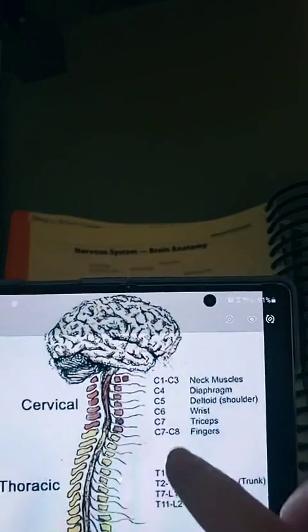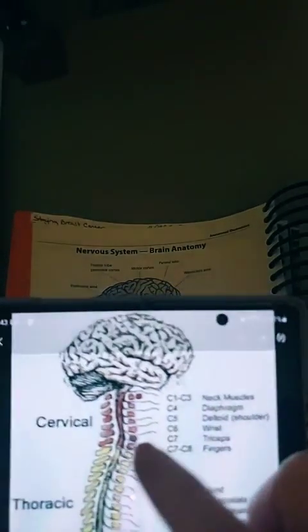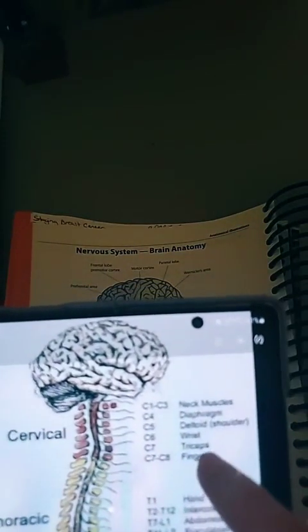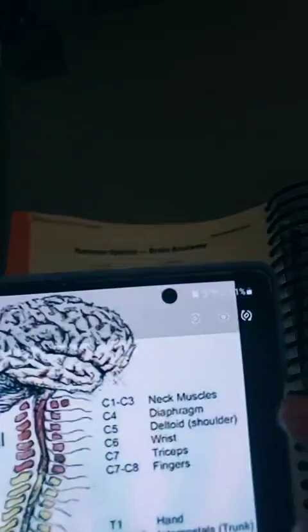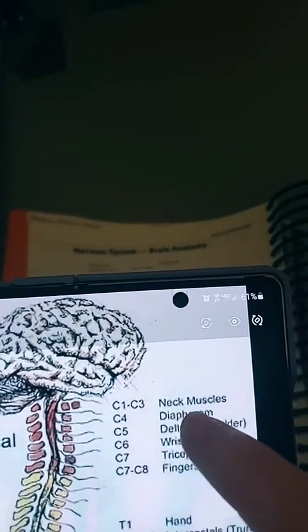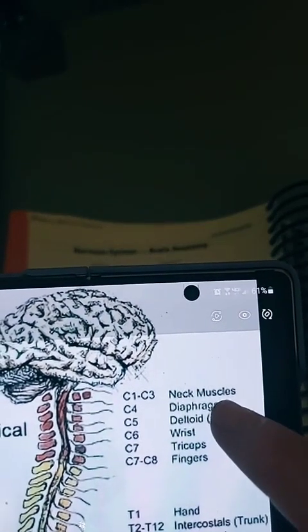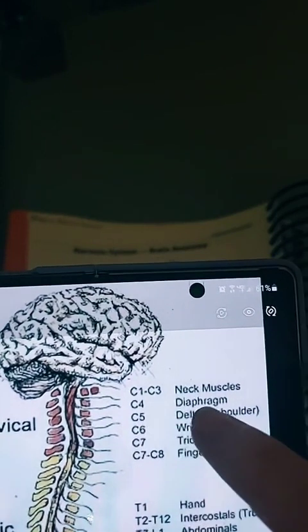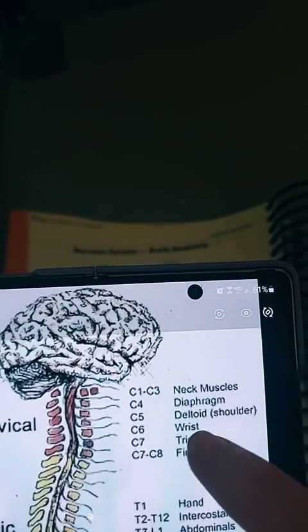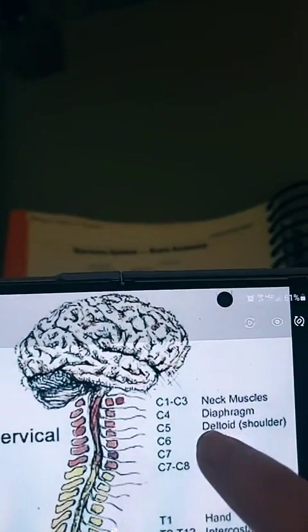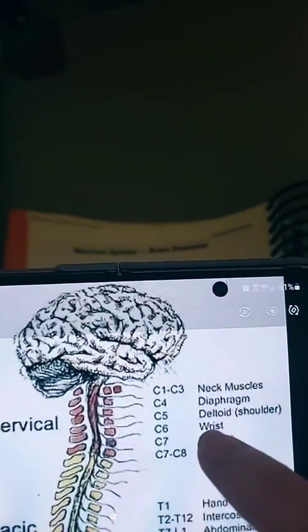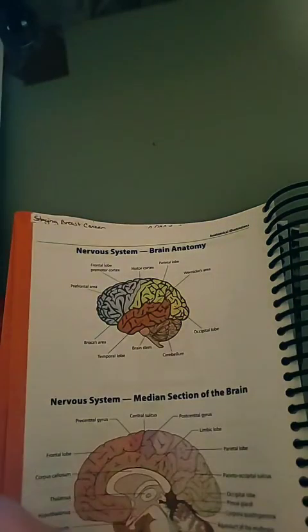I love these things that specifically tell you small bits of information because, like, did you know that C1 through C3, of course, they're neck muscles, but C4 controls your diaphragm, C5 deltoids, C6 wrist. Isn't that interesting? It's very cool. Has the nerves that run down to that. I'm not sure AAPC would get that involved in that, but I love that one.